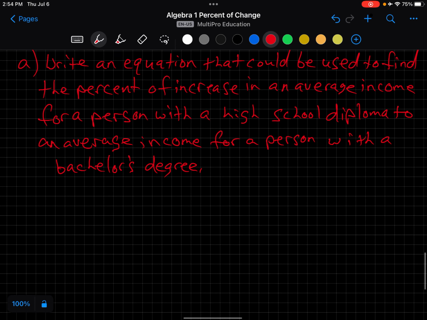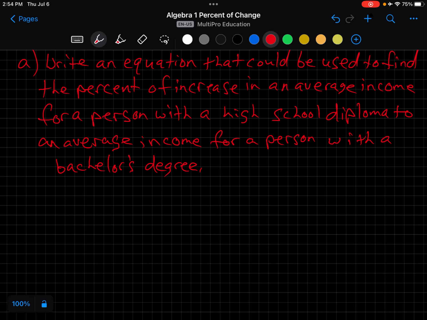Alright, so part A, we have to write an equation for this. Let's do like we did before. We have to find the percent increase, basically, right?